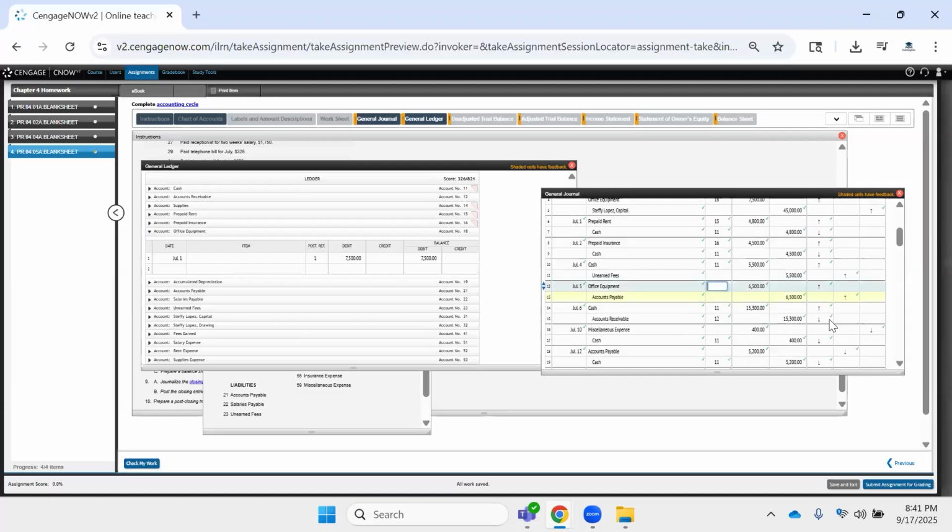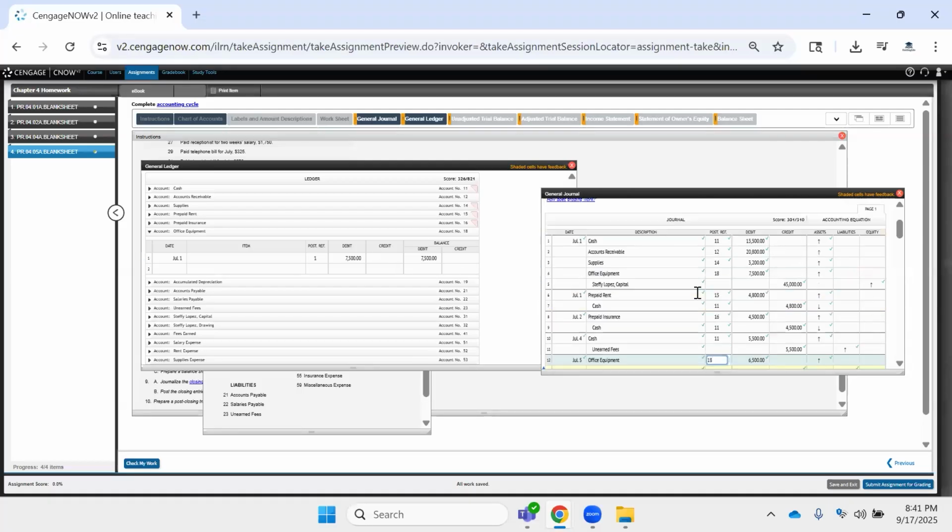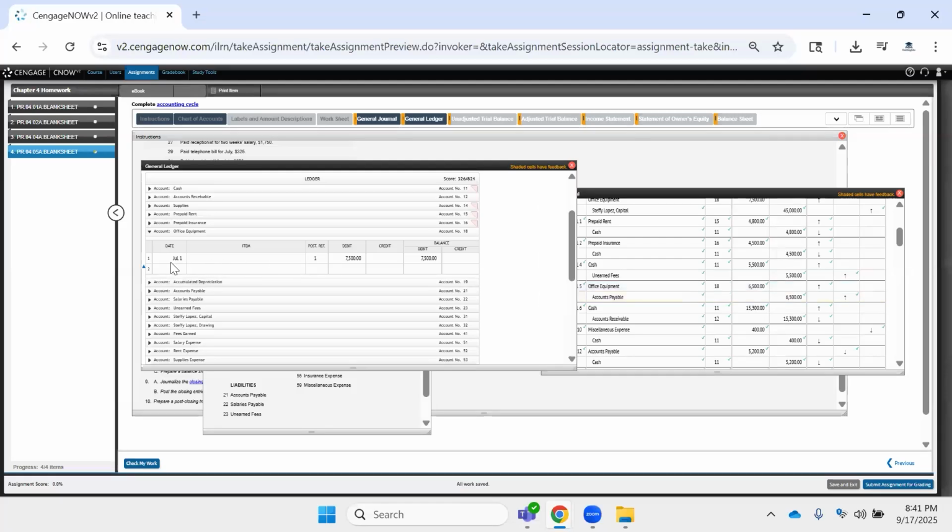Yes, we did. We did purchase more office equipment. So we had an additional transaction here, which is, once again, posting ref 18. And this is on July 5th, 6,500.